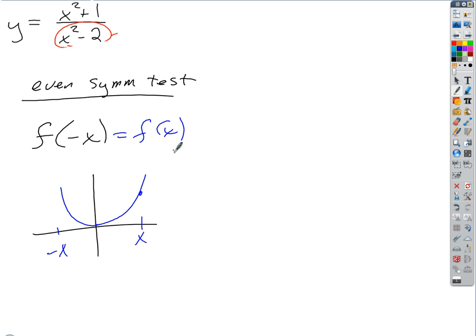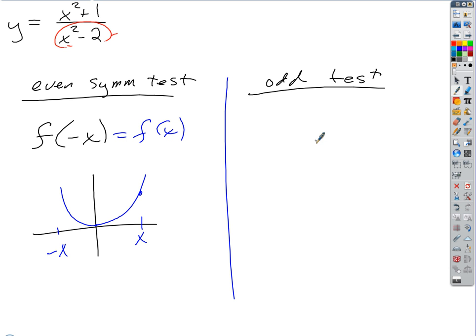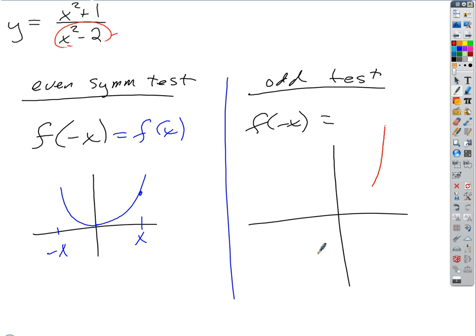Okay, odd symmetry. The odd test: think about the picture. Odd symmetry was like this. If I went out to positive x, I went up to positive y. What are the coordinates going to be right there? Negative x, negative y.